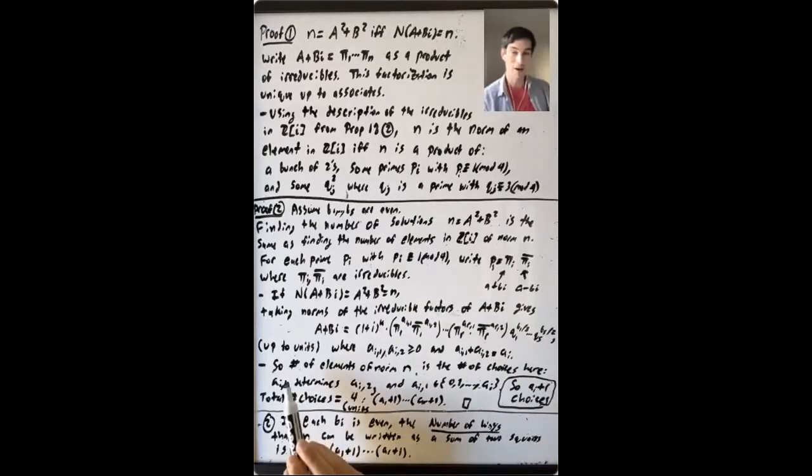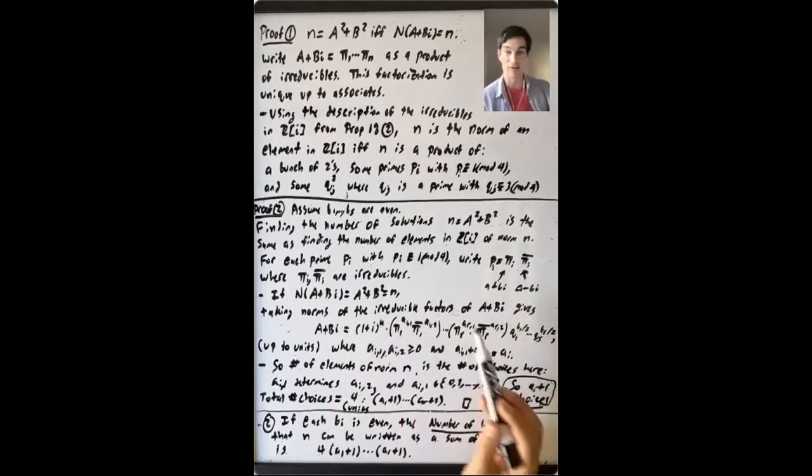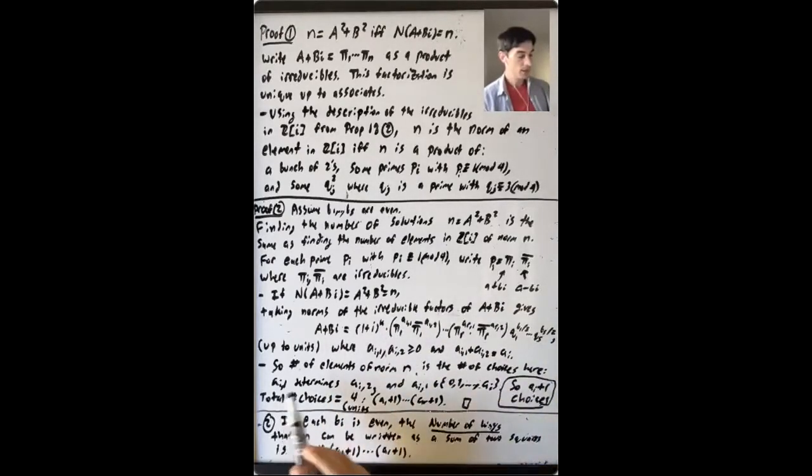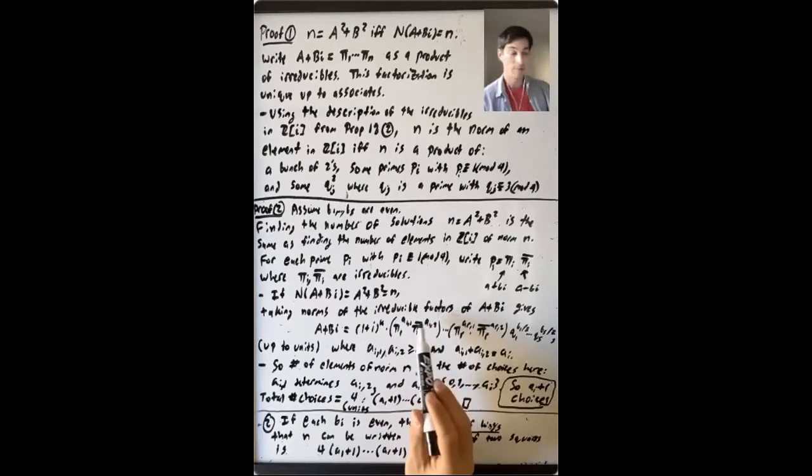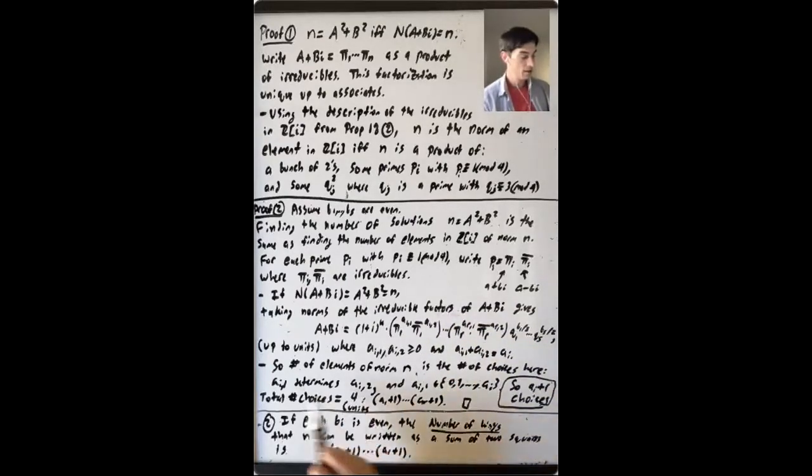Okay, so the number of elements of norm n is the number of choices we have here. Let me just point out that ai1 and ai2 are not determined, but their sum is determined. So as soon as you pick ai1, it tells you what ai2 should be, because they need to add up to ai together. So ai1 determines ai2. So what could ai1 be?